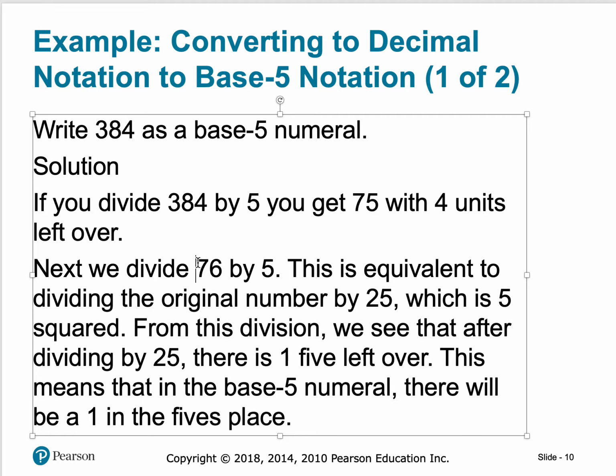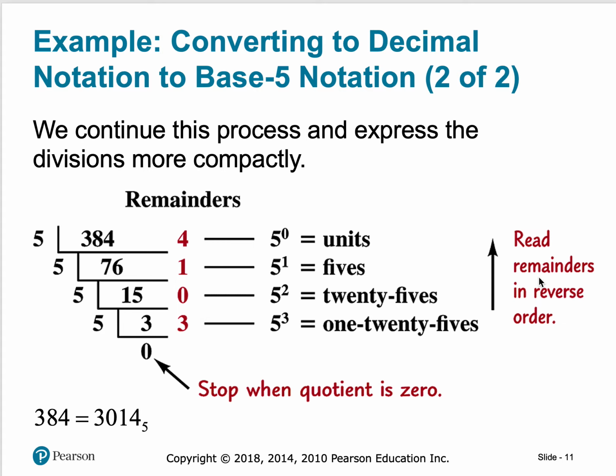Now I'm going to do 76 divided by 5, which would be the equivalent of dividing the original number by 25. So basically you want to think, what is the largest power of 5 that you could divide by here? Well, it's probably going to be 5 cubed. So if I do 384 divided by 125, that's actually going to replace all of this as a faster manner to convert between the bases.